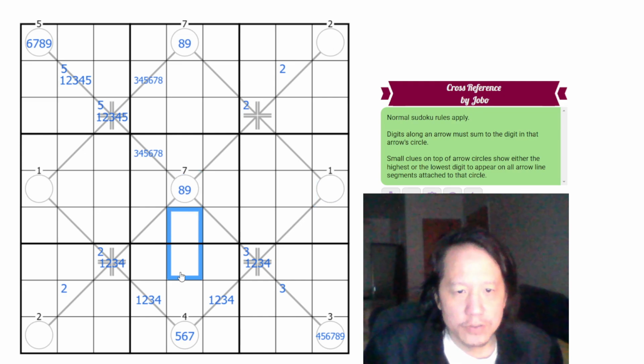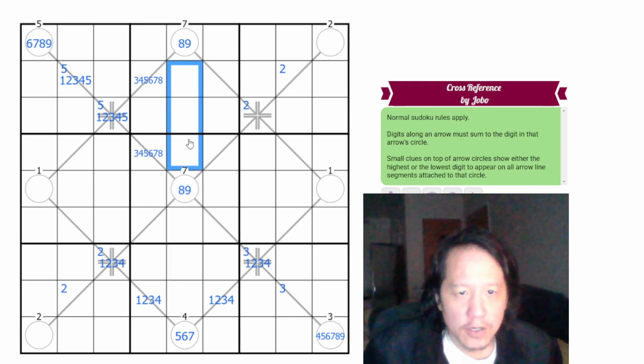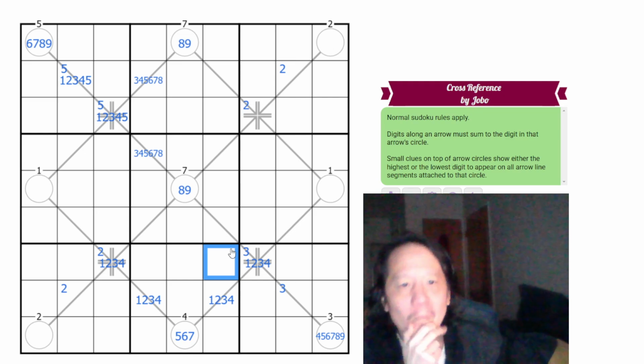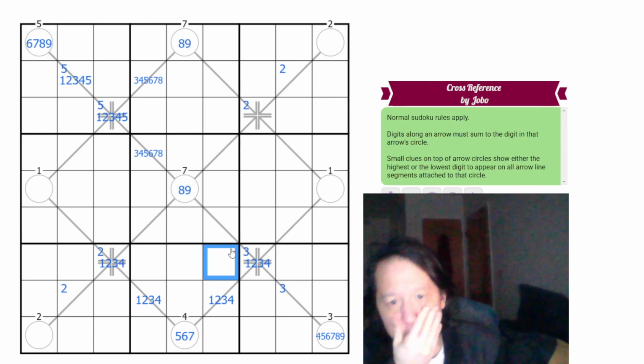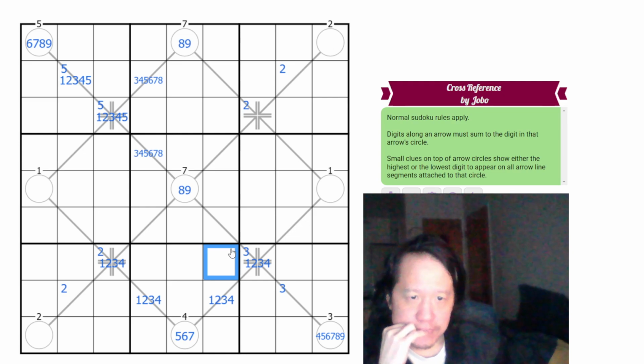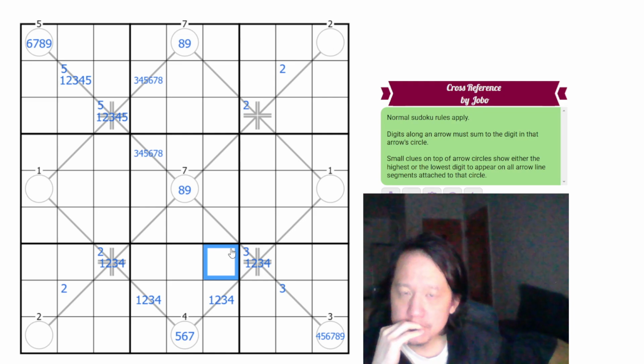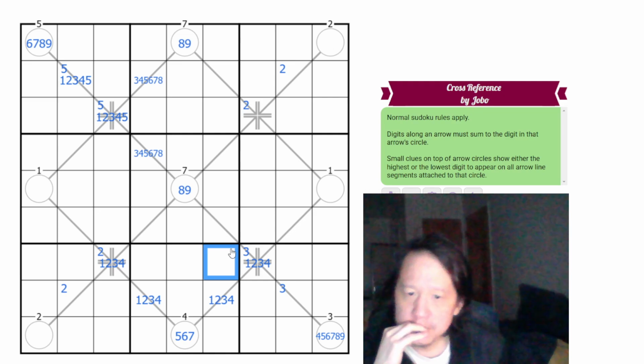What else do we know? Okay, so we know the rest of the cells in column. Hmm. That's not that helpful. Oh, this can't.